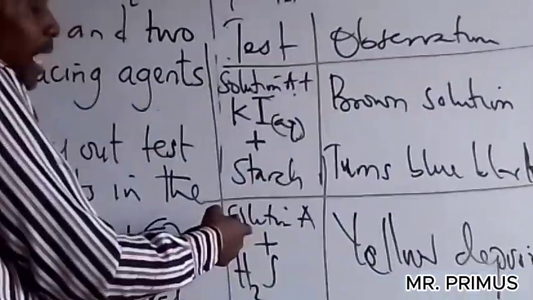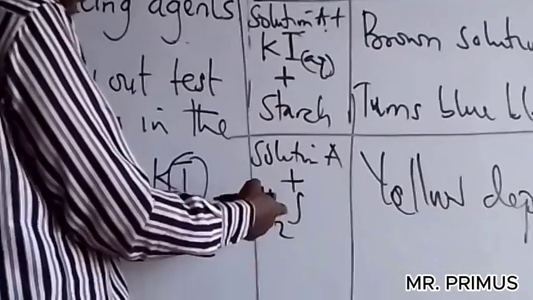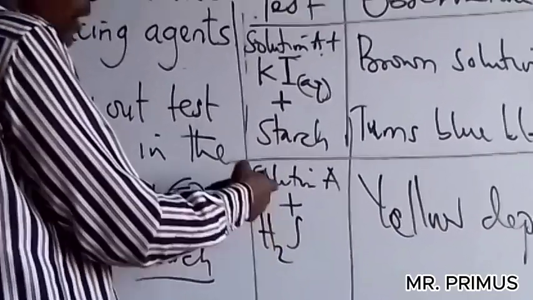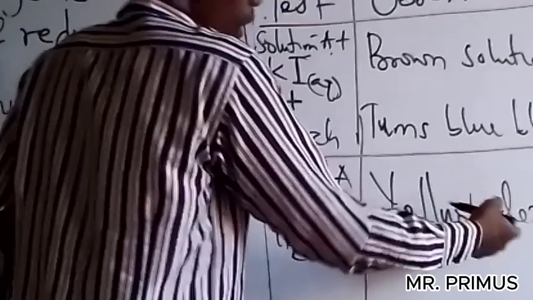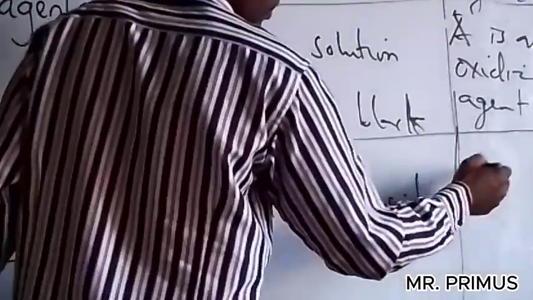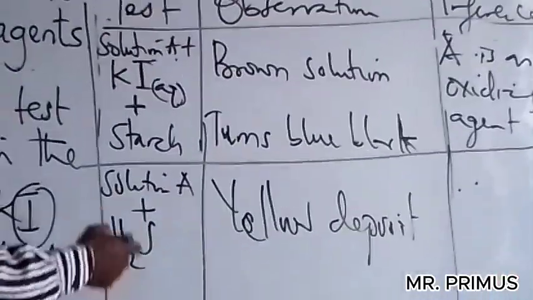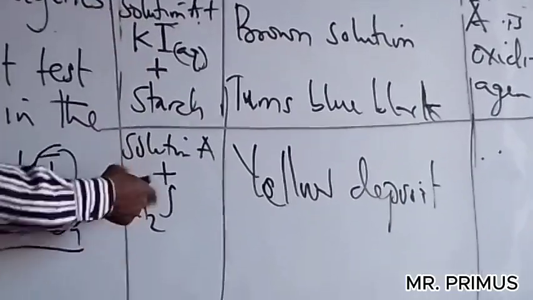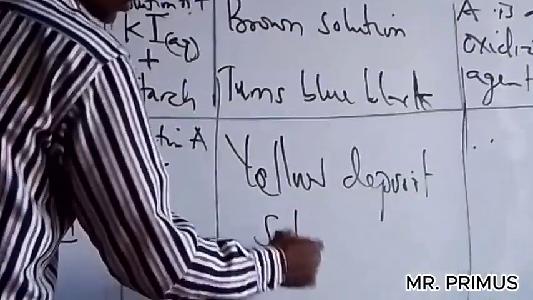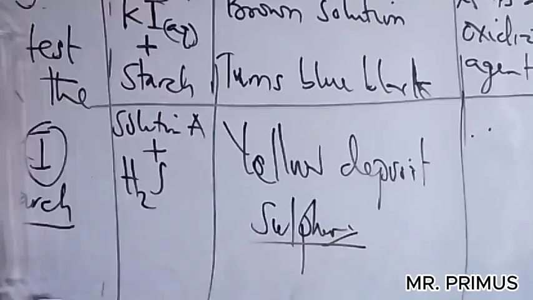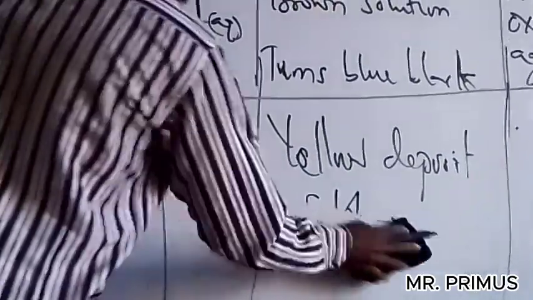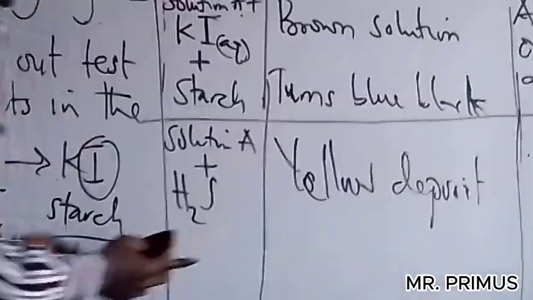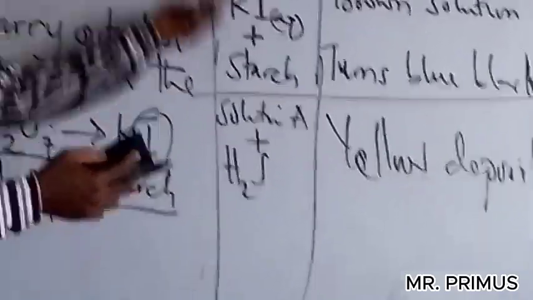It's only an oxidizing agent that will change hydrogen sulfide to give you sulfur. So if you bubble an oxidizing agent through hydrogen sulfide, you obtain yellow sulfur. Sulfur is present. Sulfur is yellow. It means that it is an oxidizing agent.